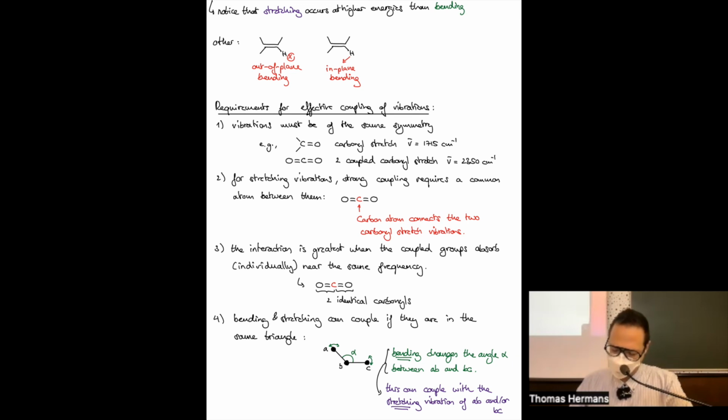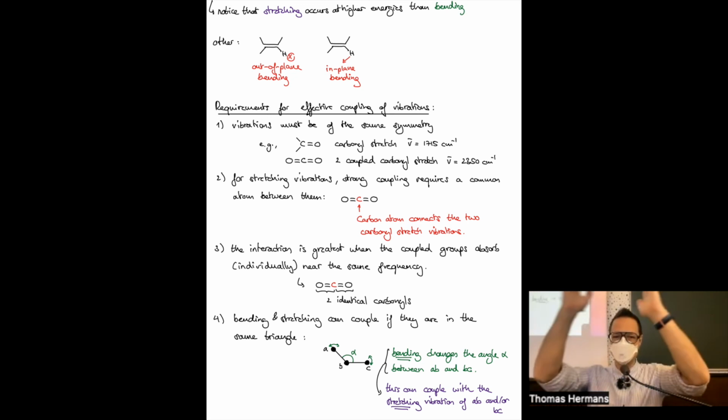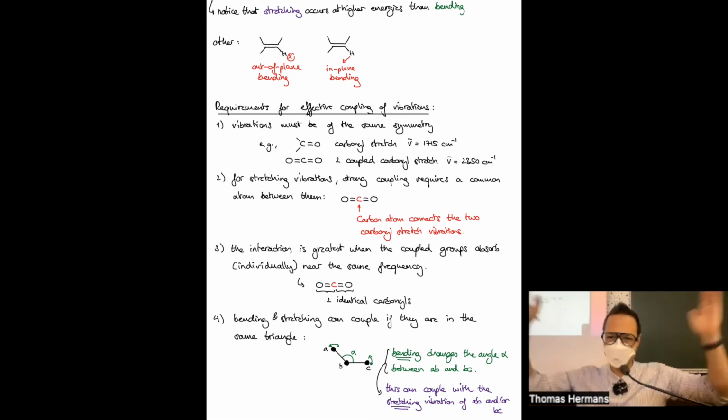So you can think of it in this way. If I have, let's say, a molecule like this with 3 atoms, A, B, and C, then bending will change the angle, right? So let's say I have in-plane bending like this. So the molecule is changing alpha.